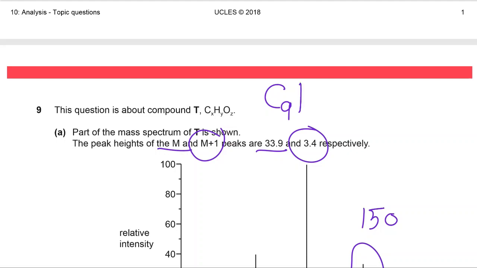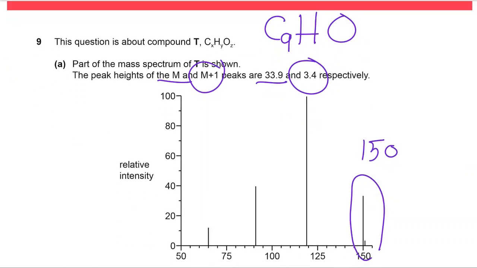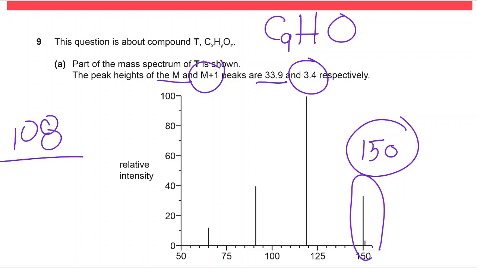For H and O, I don't know exactly yet, but the molecular mass is 150. The mass of 9 carbons, 9 times 12, is 108. That means the remainder is 42.